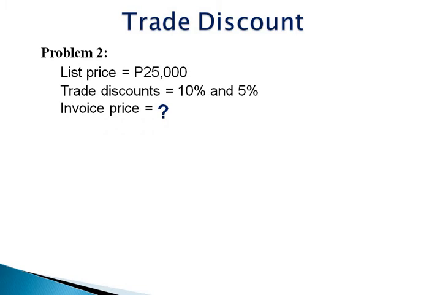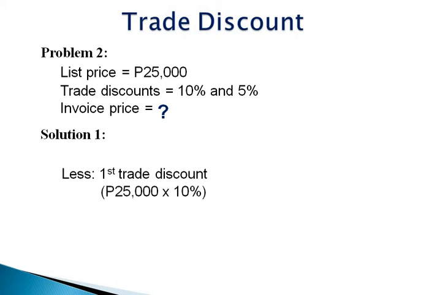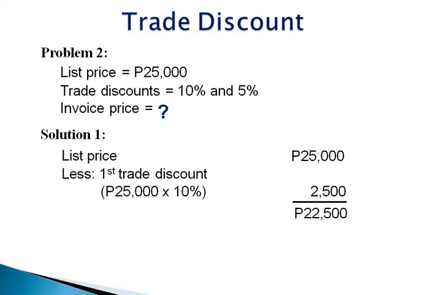Let's try another problem. Here, two trade discounts in terms of percent are given. How do we get the invoice price? Deduct the amount of the first trade discount, computed by multiplying 25,000 pesos by 10%, from the list price of 25,000 to get 22,500.